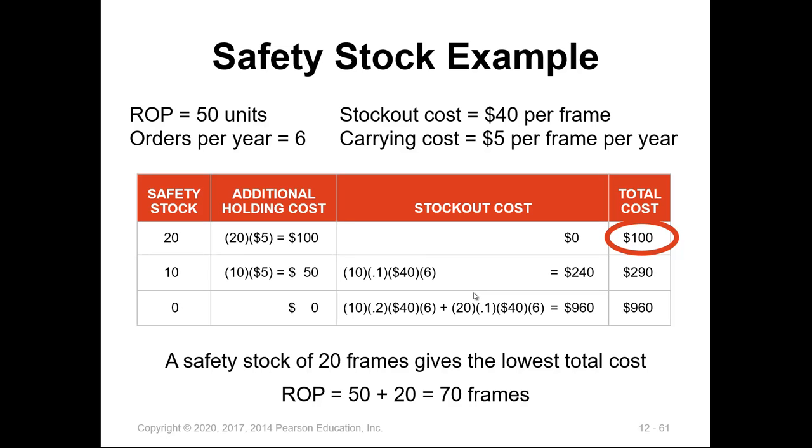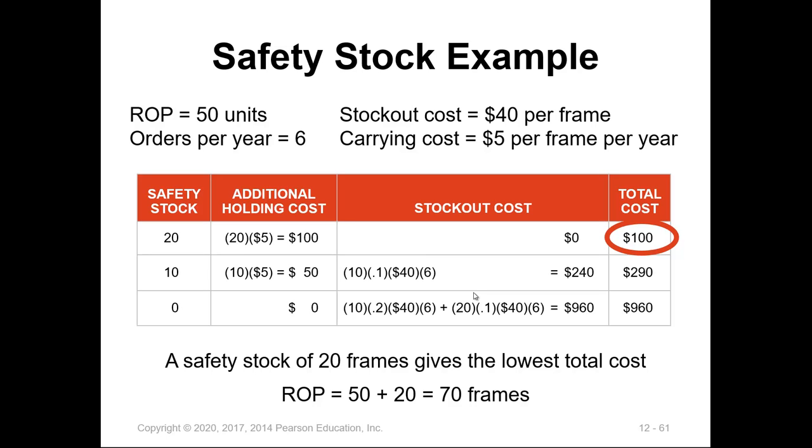There is a 20% chance that the demand will be 60, and at that point we are short 10 units, with also a cost of $480. If you calculate that, it will be 480, because we multiply the 10 units by the 20% probability for 60 demand to happen, by the $40 stockout cost, and by 6 orders per year.